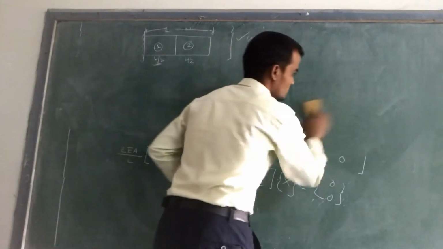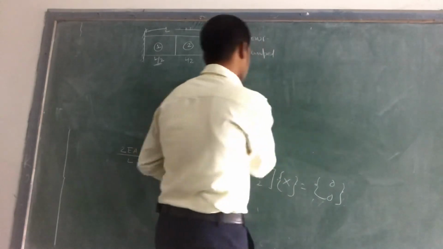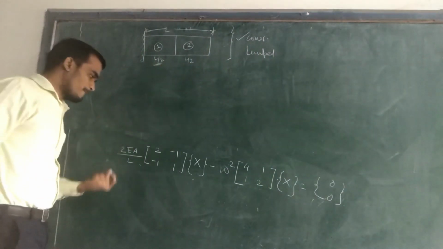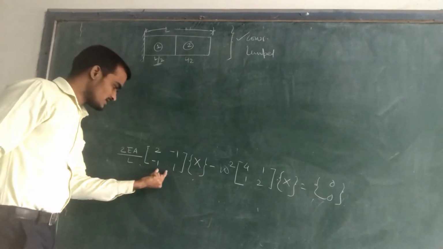As we know that the coefficient of the stiffness matrix is equal to 1 in the standard equation, so we need to make the coefficient of this stiffness matrix equal to 1.